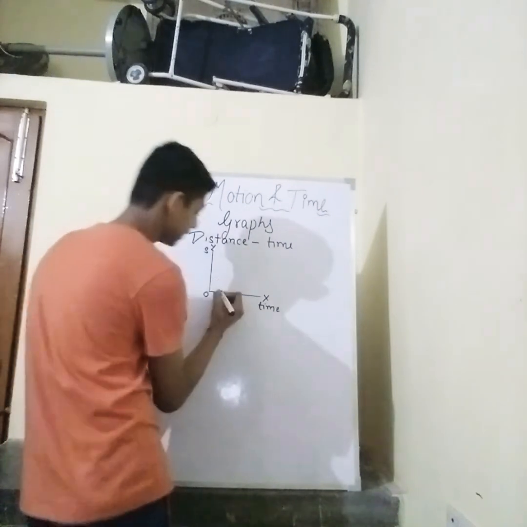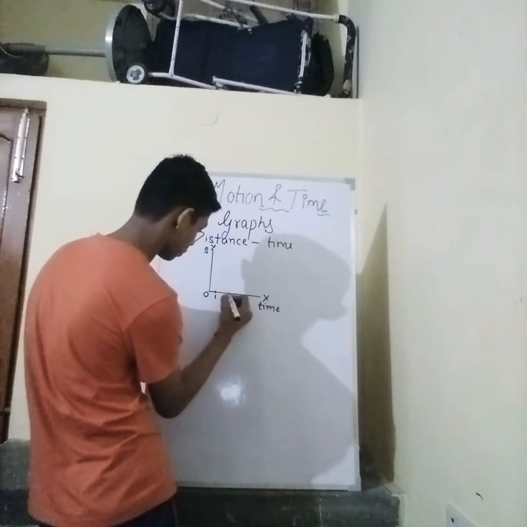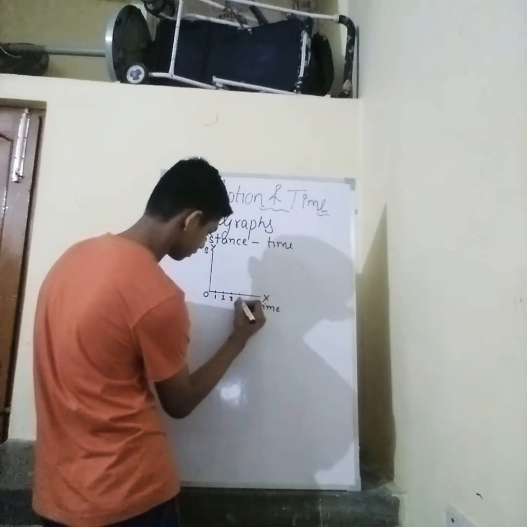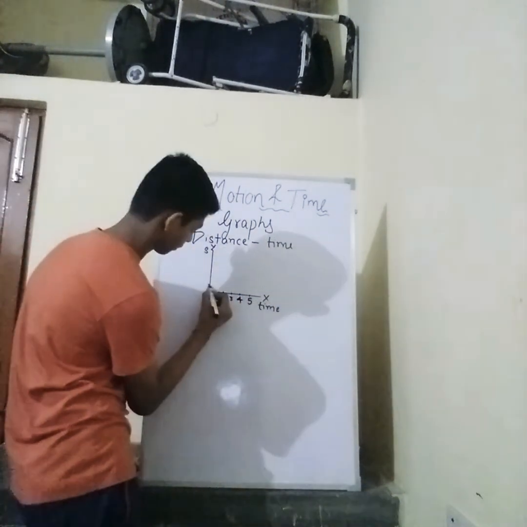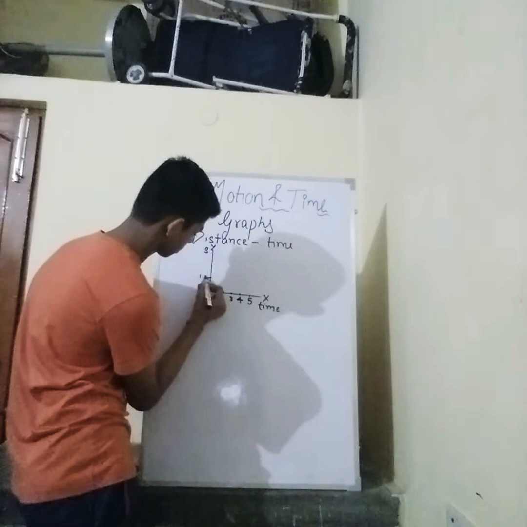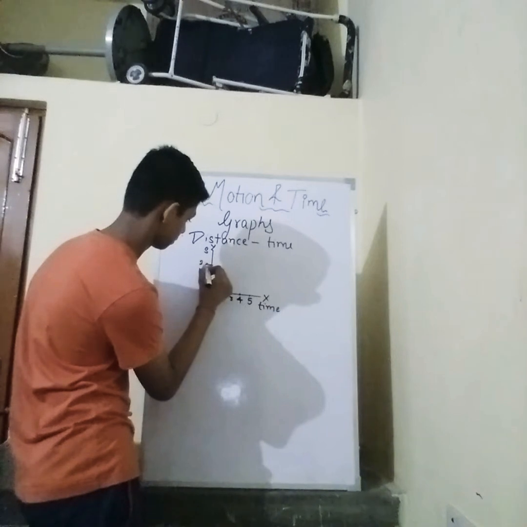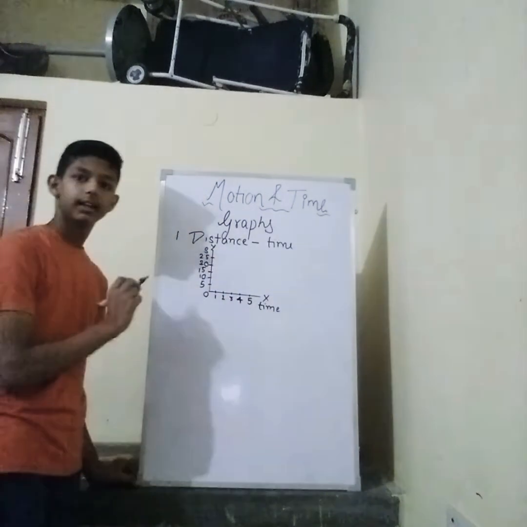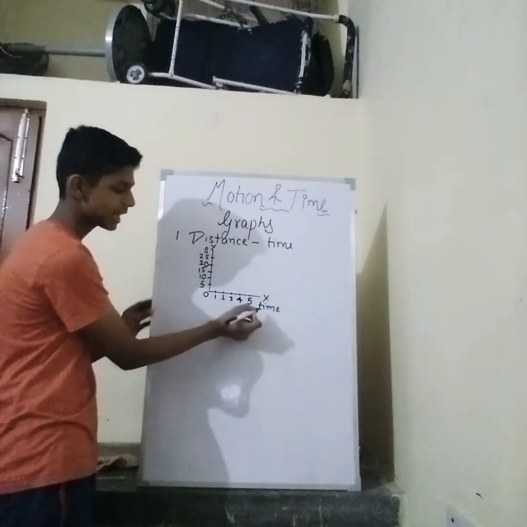I am equally dividing these into sections, each of 1 second. Here we will plot the distance time graph. These are in meters and these are in seconds.